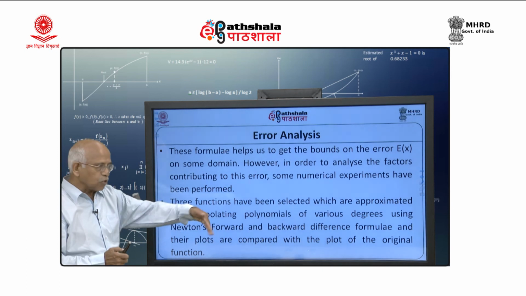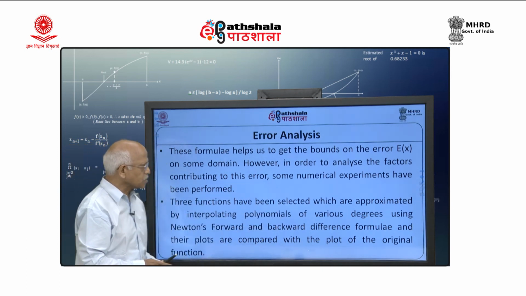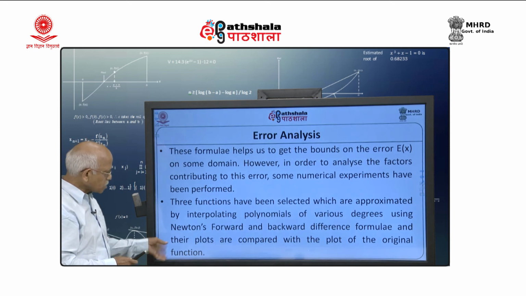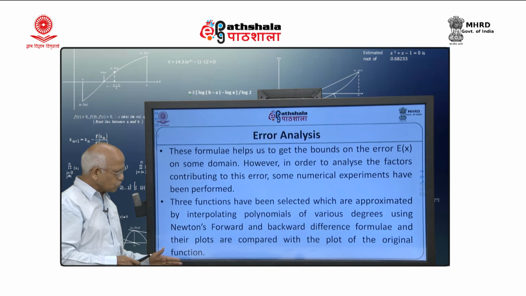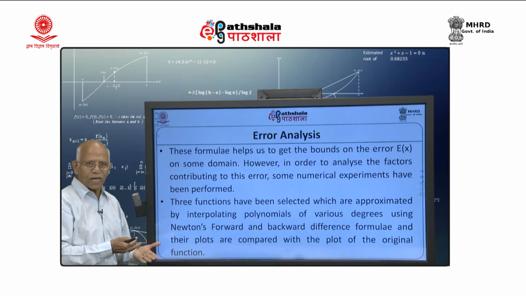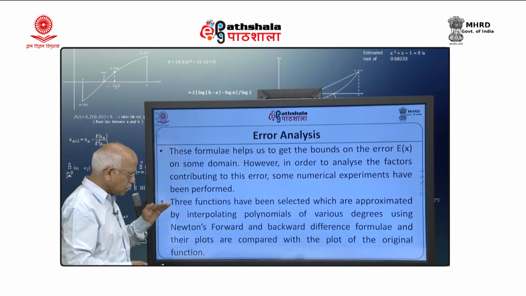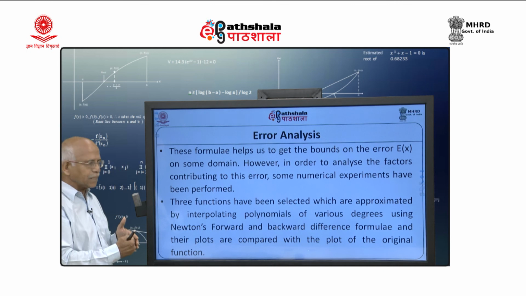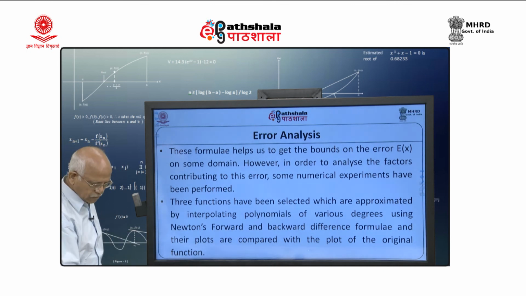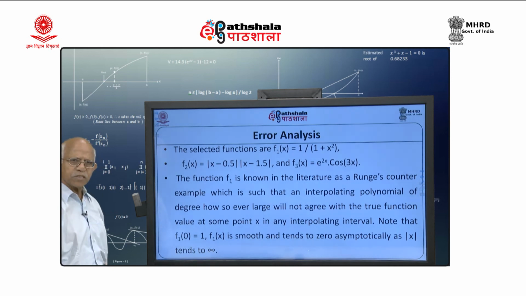So, polynomial degree is also varied, using Newton's forward and backward differences formula, and their plots are compared with the plot of the original function. To get the actual error, we need the actual value and the estimated value, and therefore I am selecting illustrations where the functional relationship is already given.